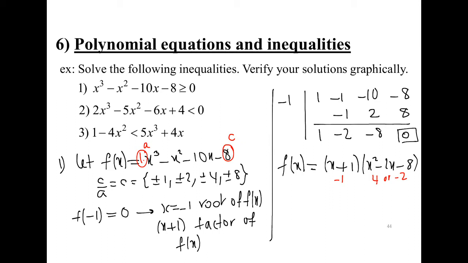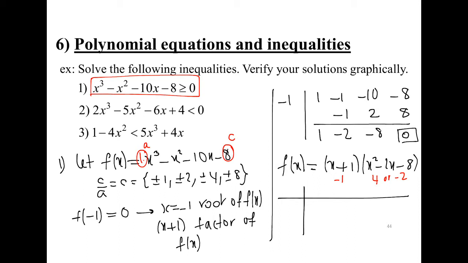Now, once we get here, in order to study the sign of f of x, don't forget that our original inequality consists of the polynomial f of x greater or equal to 0.